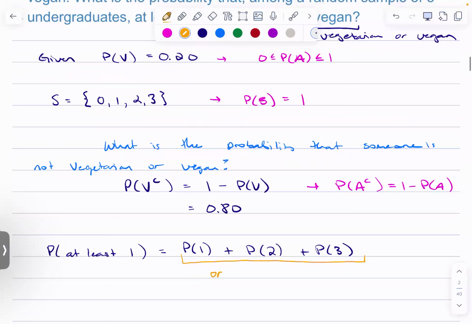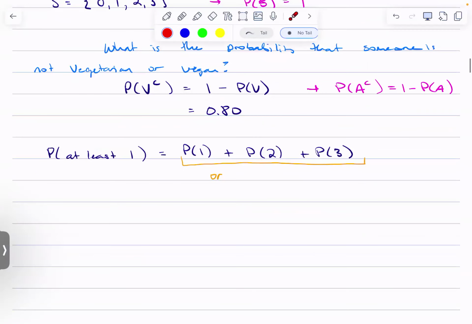Instead of finding the probability of this one or this one or this one, what if I just took the probability of the sample space, which we know is 1, and just lobbed off the one that we didn't want? That's going to be a lot easier. So you could say this is the same as 1 minus the probability that none are, leveraging that complement.